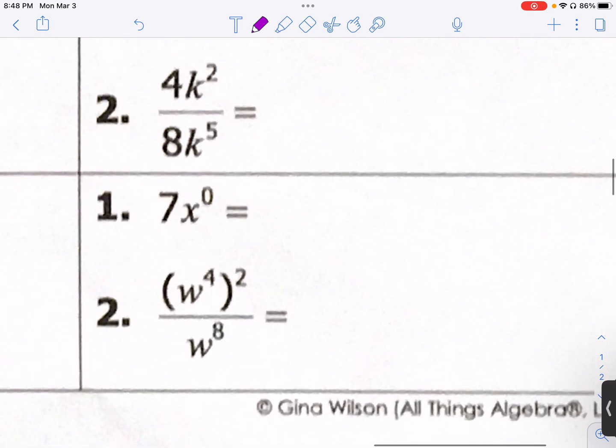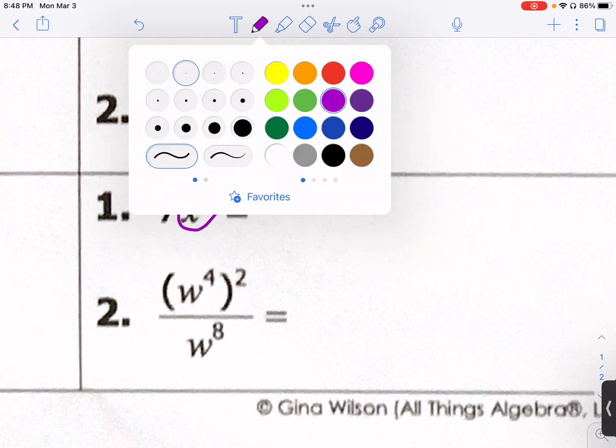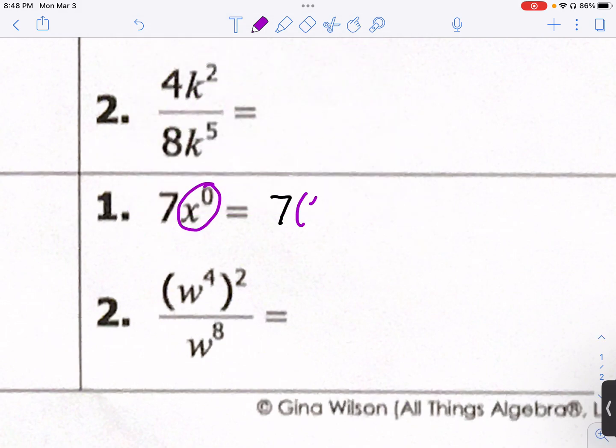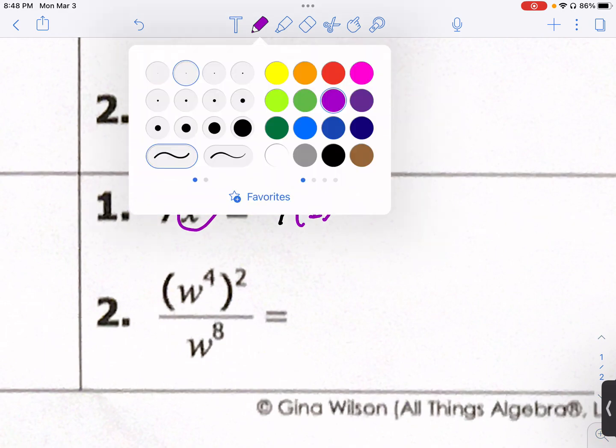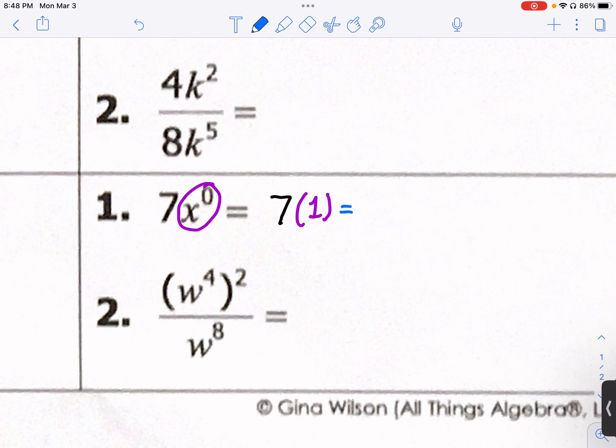All right, so the moment I see this x to the 0, again, I'm just going to copy down that 7, and I'm going to replace x to the 0 with a 1, and then from there, I'm just going to solve it. So 7 times 1, I just multiply, and I get 7. All right, down below, this one's going to be pretty similar to the one that we did in the other set.